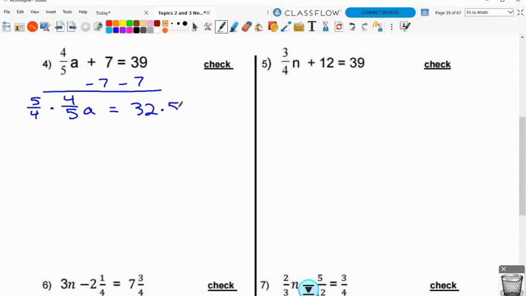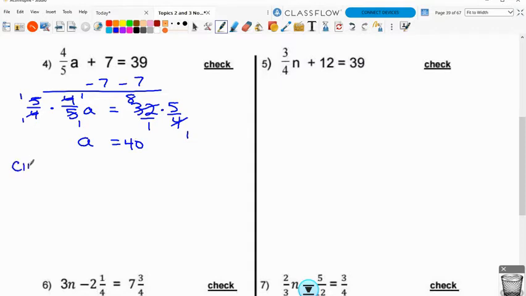Do it on the right as well, multiply by 5/4. On the left-hand side, the 5s simplify to 1s, the 4s simplify to 1s, so you're left with a, your variable. And on the right-hand side, 4 and 32 have a common factor of 4. 4 goes into 4 once, into 32 8 times. 8 over 1 times 5 over 1 is equal to 40.